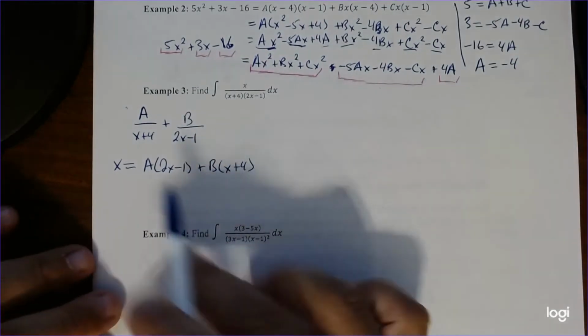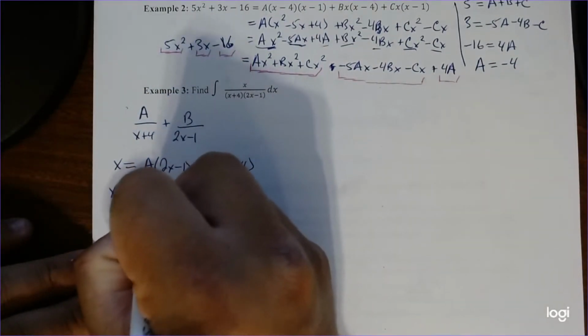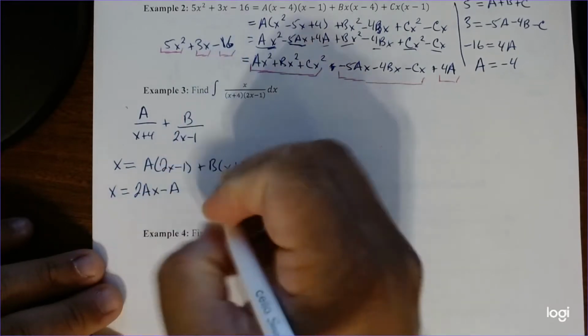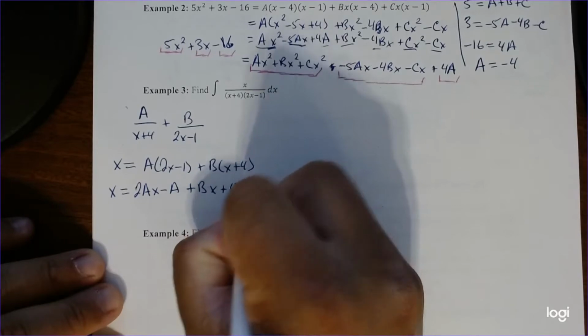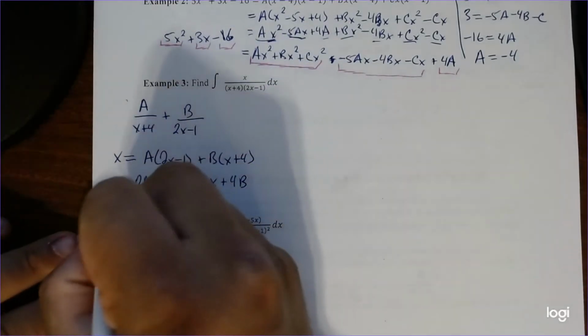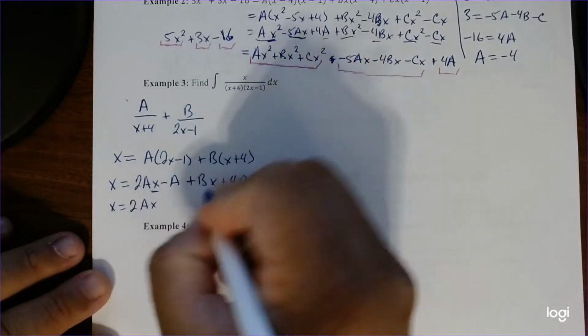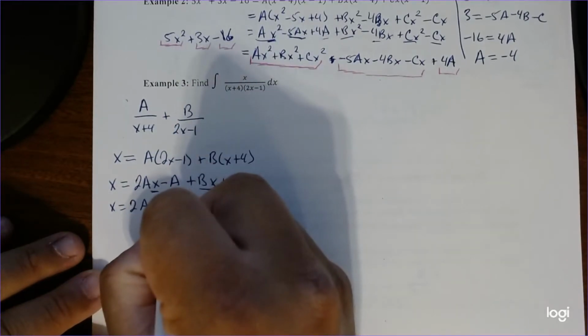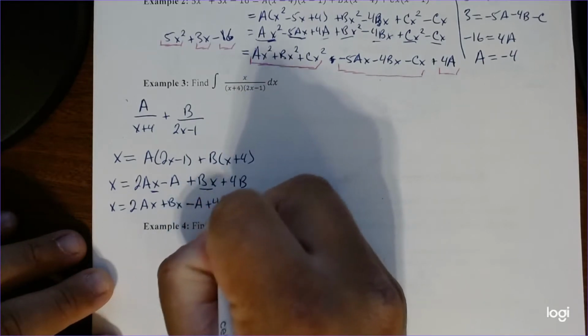And just like last time, now we just distribute. Okay, and put everything together. So all the x's together, that has an x, that has an x, and all the other numbers together, so minus a plus 4b.